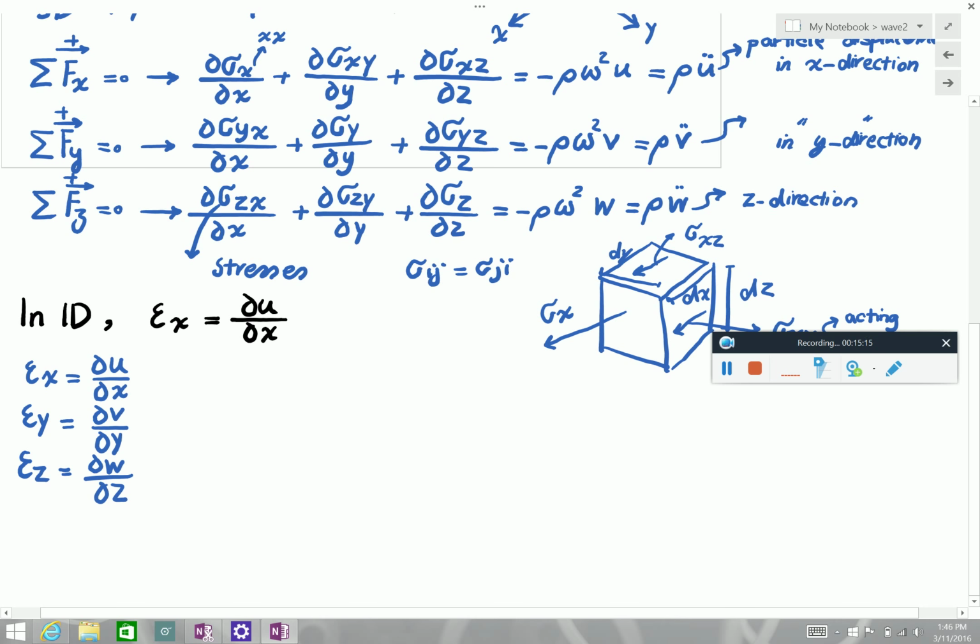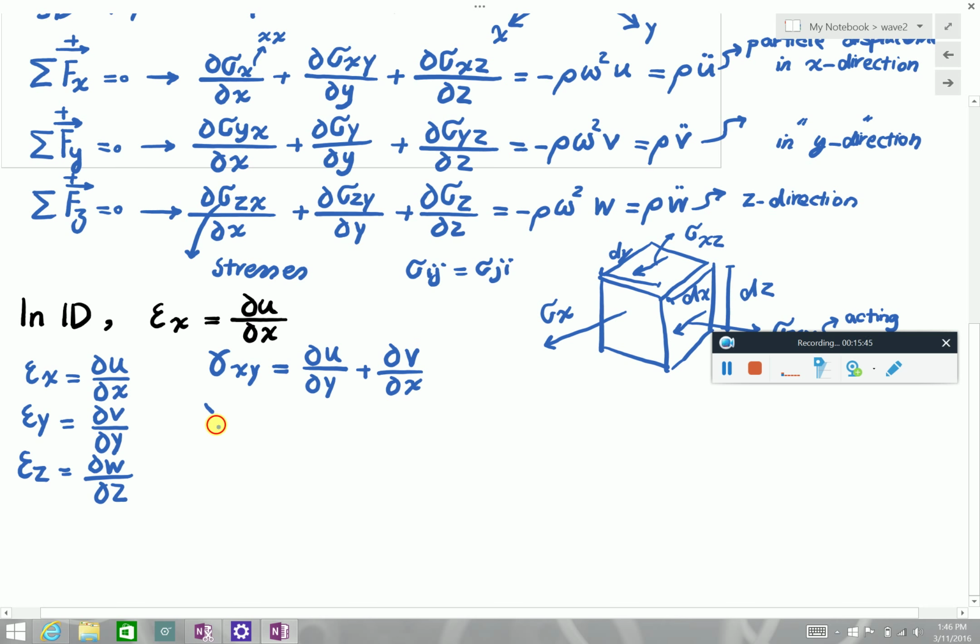Now in 3D we also have shear strain, right? So gamma xy we can define as the derivative of u with respect to y plus the derivative of v, which is displacement in the y direction, with respect to x.